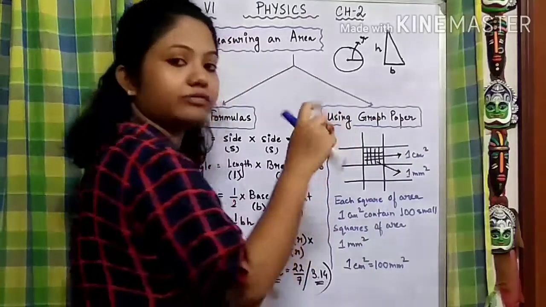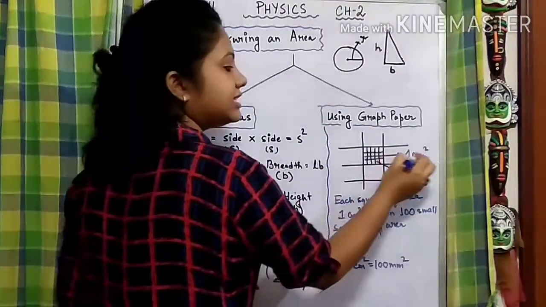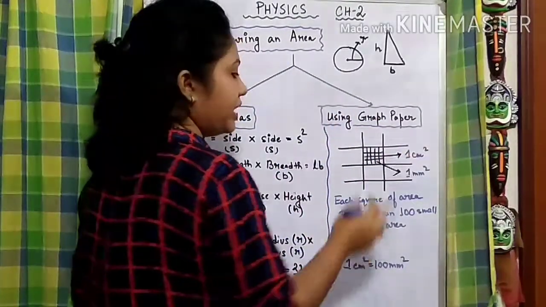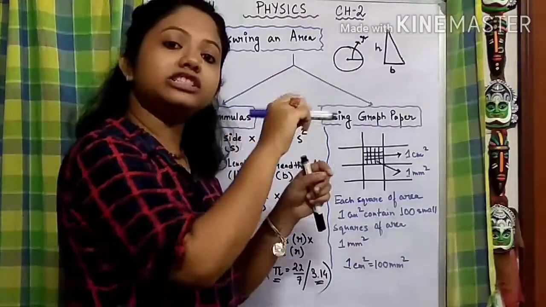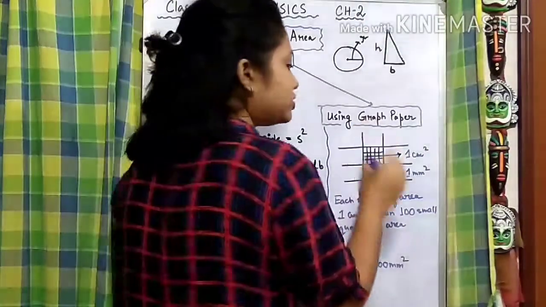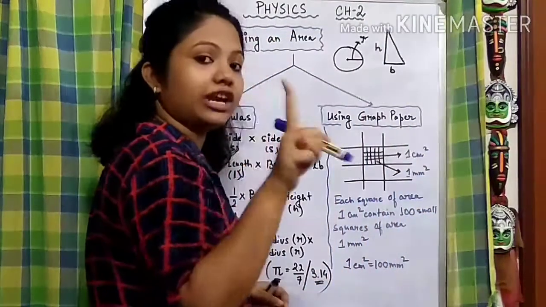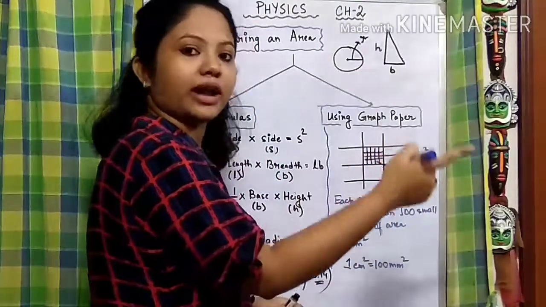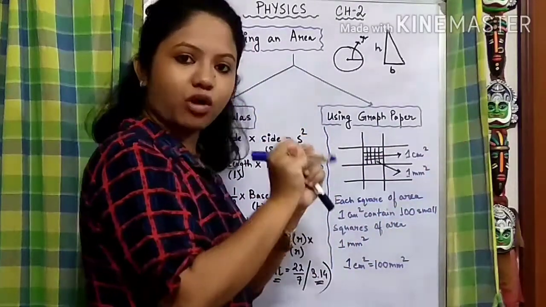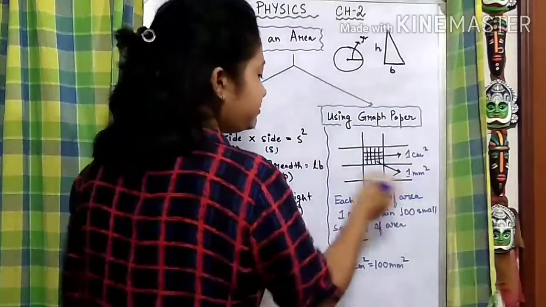What is the area of the bigger square? That is 1 centimeter square. Within that bigger square you will find 100 small squares, and the area of each small square is 1 millimeter square. So these are very small areas.